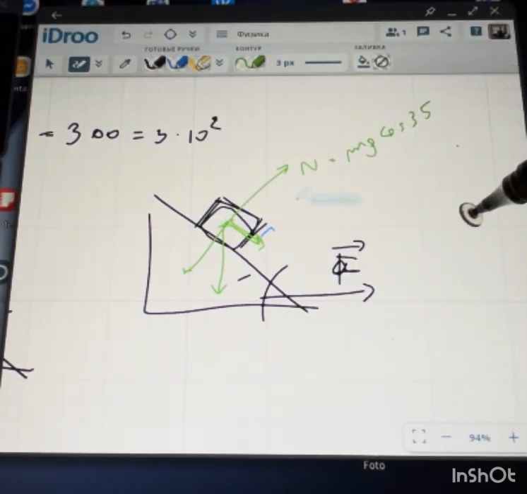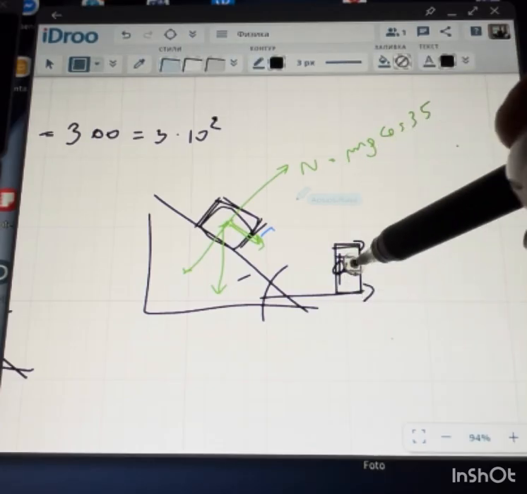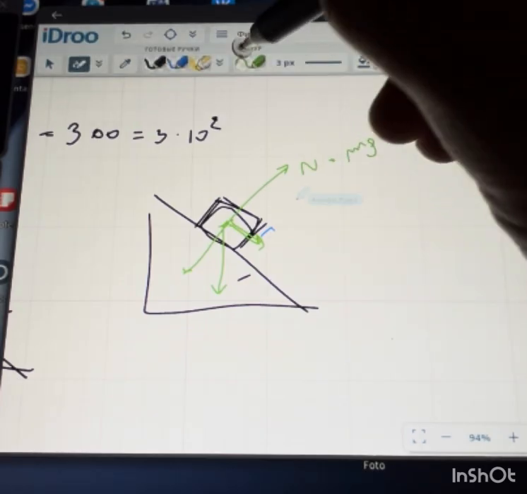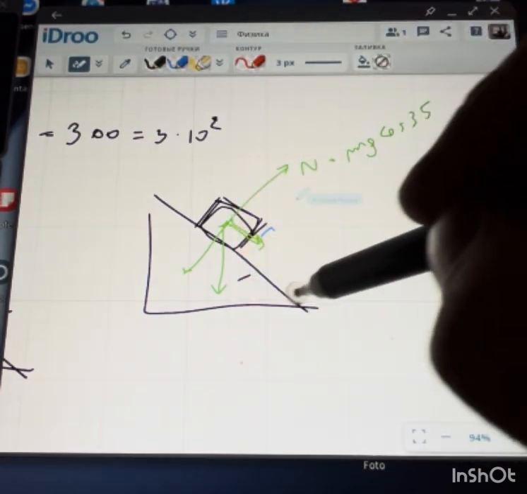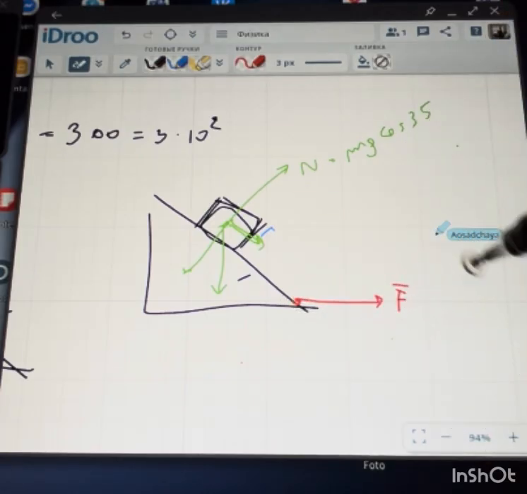Now, what about the force pulling the wedge? What about the force pulling the wedge?